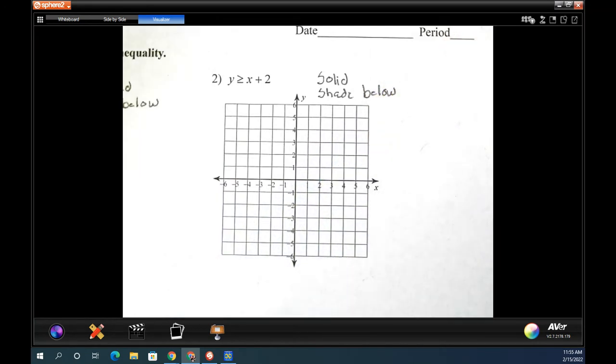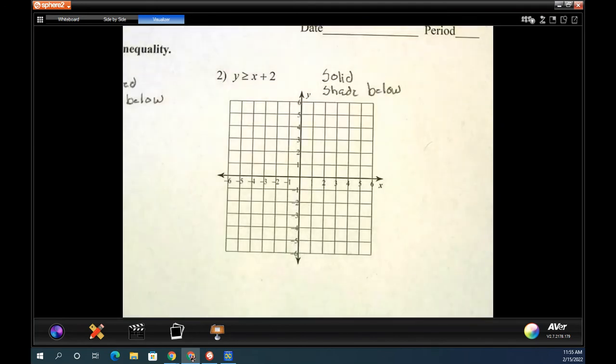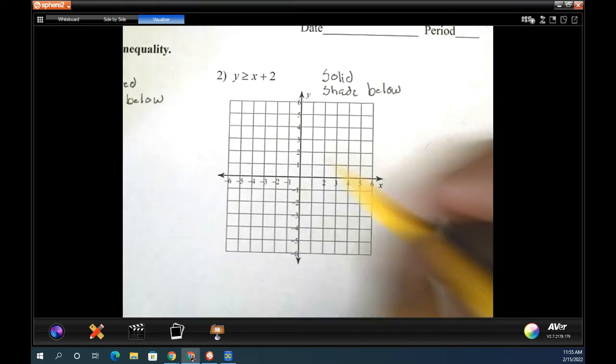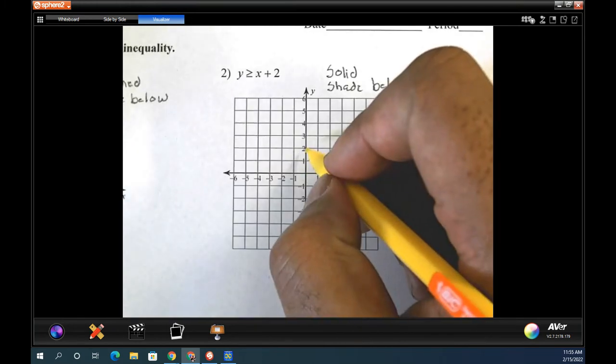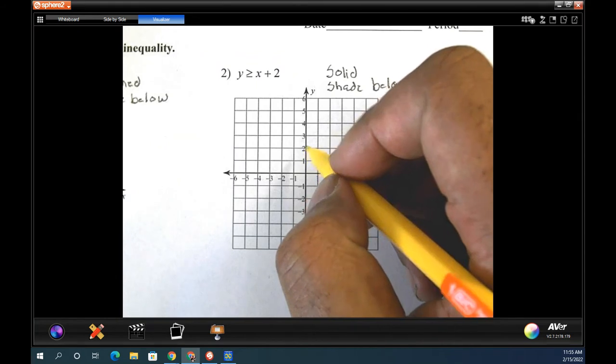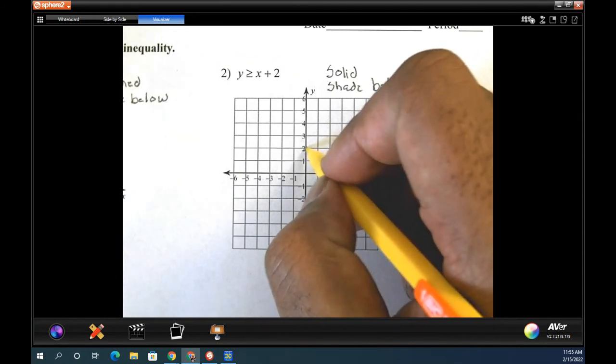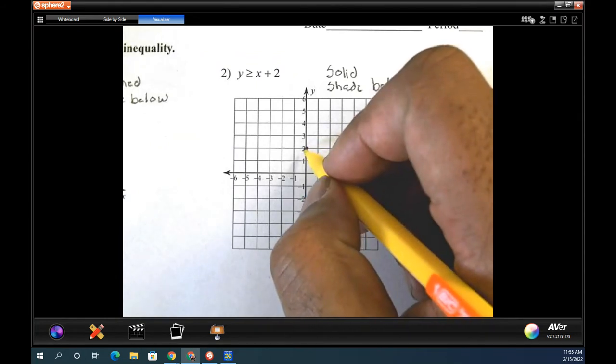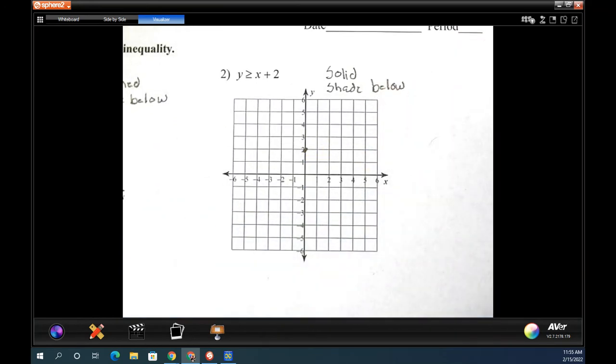All right. Now, the graphing part. Aubriana, what's the y-intercept? Say it correctly. 0, 2. All right. Williams, what's the slope? 1.